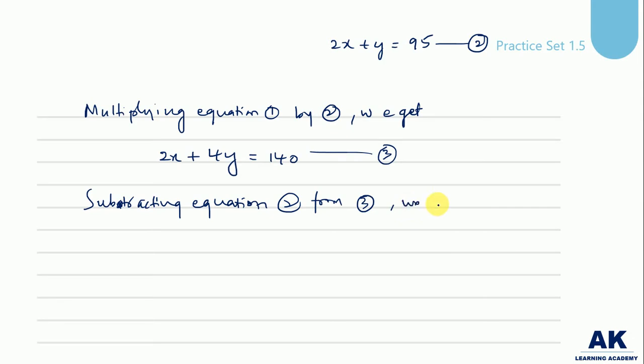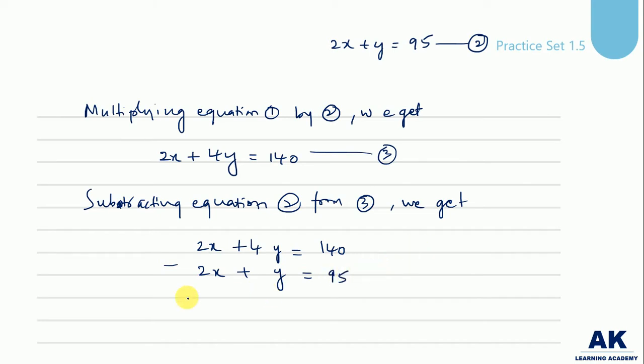Subtracting equation 2 from 3, we get 2x plus 4y is equal to 140 minus 2x plus y is equal to 95, right?